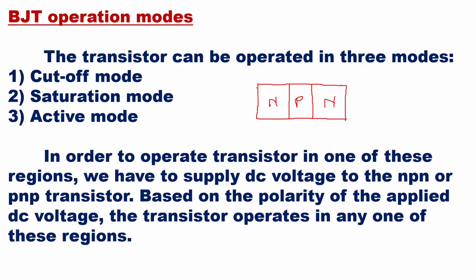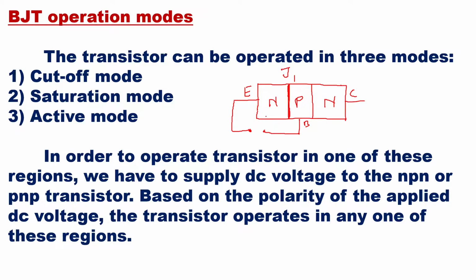We know that this is your emitter terminal, this is your base terminal, and this is your collector terminal. Now you have to apply a DC voltage between these two points so that your emitter-base junction, that is junction J1, can be forward biased or reverse biased depending upon what polarity of voltage supply you apply.